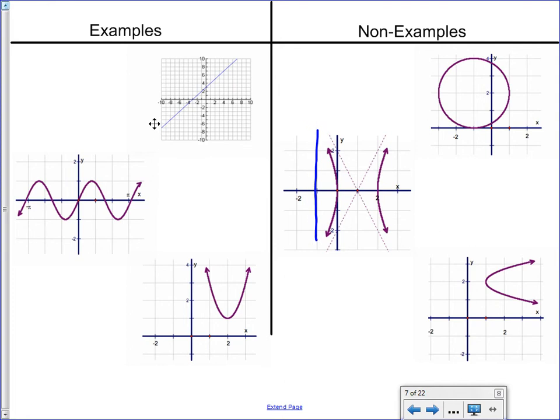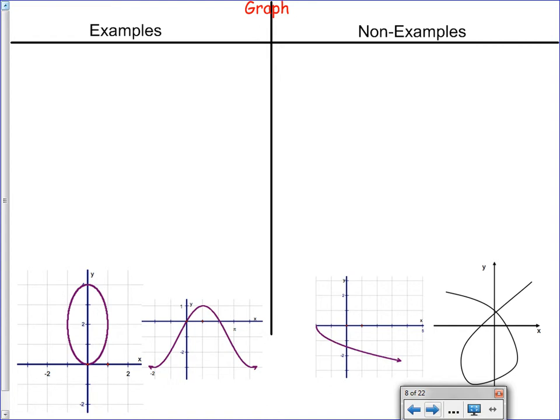When an example comes here, if it hits the graph in two spots, it is not a function. Again, two spots, not a function. There's two spots, two spots. That means that an x value is being used more than once. So we have that vertical line test.